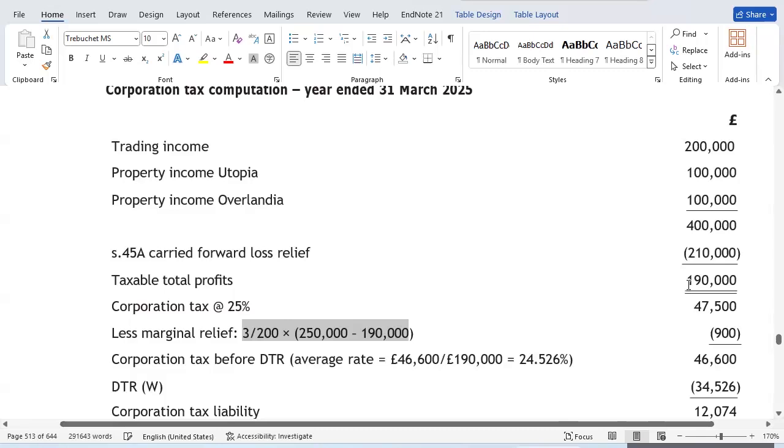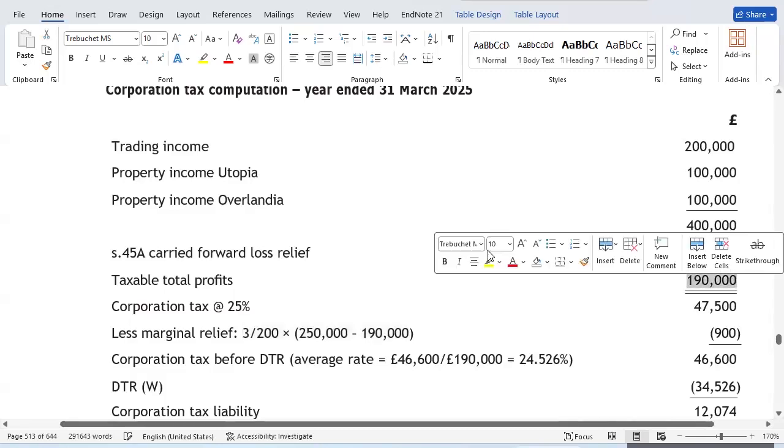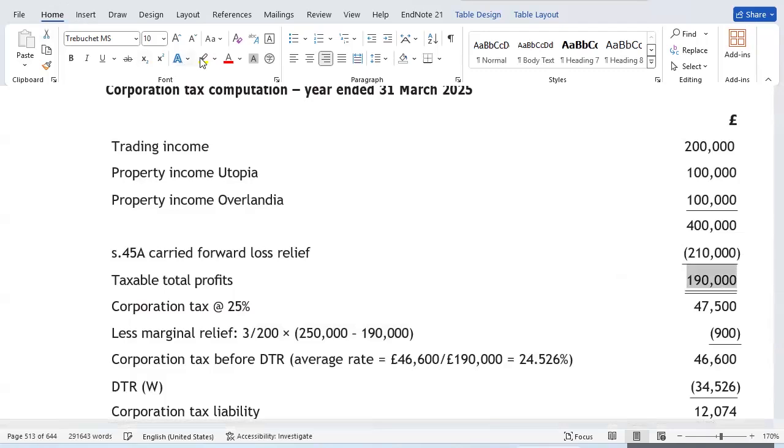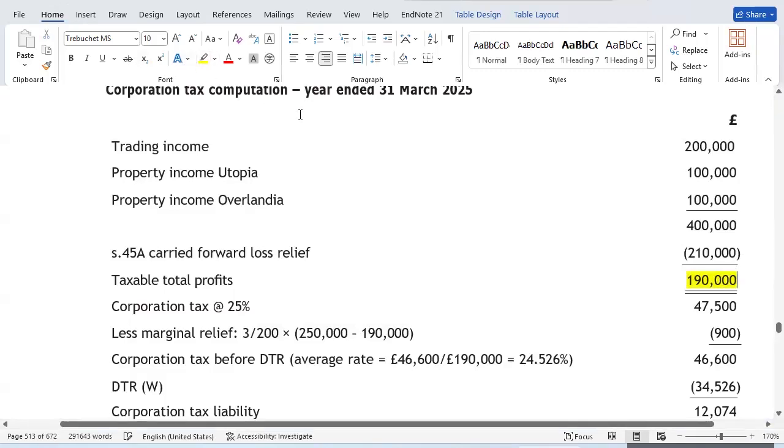Okay. Now you should know, okay, I'm going to explain. Now when my TTP is 190, what's the band? Okay, 50 is the lower rate, not exceeding 50, 19%.